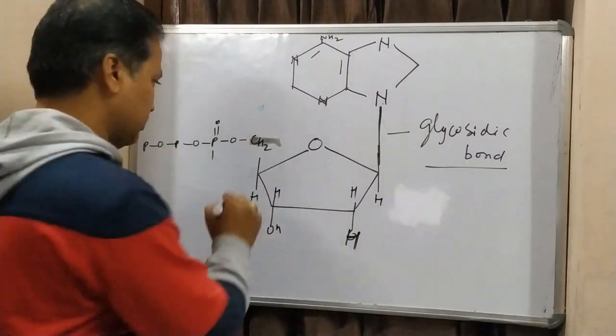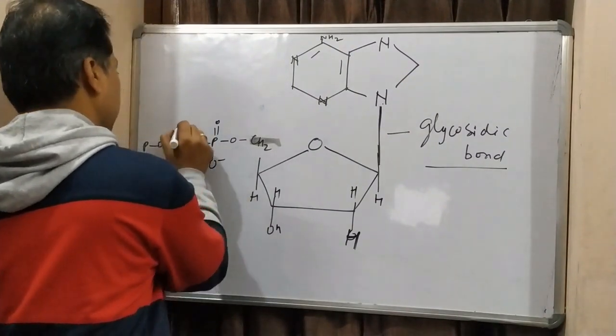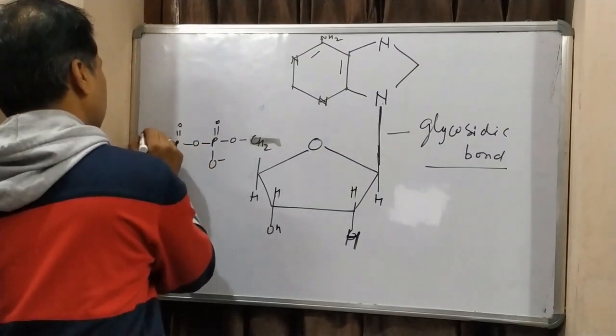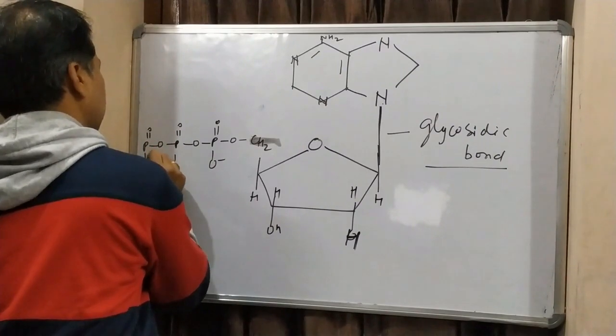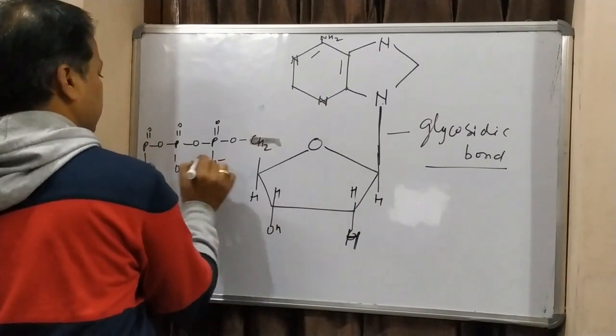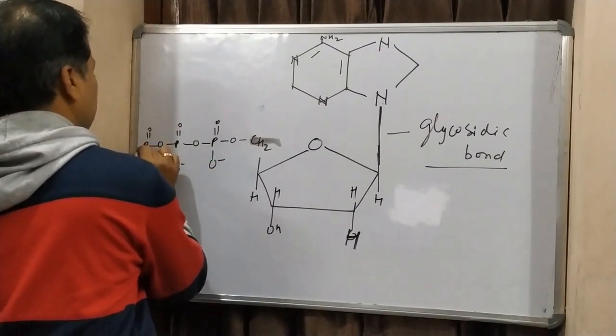One double bond, one single bond. One double bond, one single bond. One double bond, one single bond. And here a double bond.